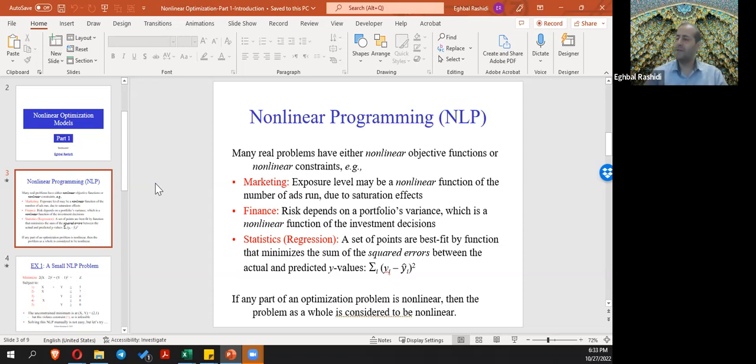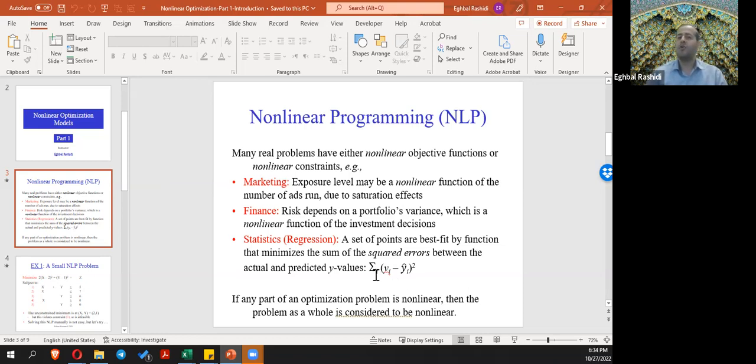And another example is in statistics or regression, the least squares function. If you remember from statistics or any other course where you have learned about linear regression, the least squares function is actually a nonlinear function. It's a square of the difference between the prediction and the original value, as you can see here.